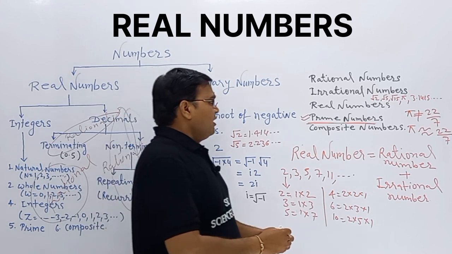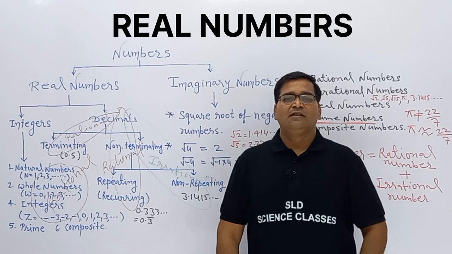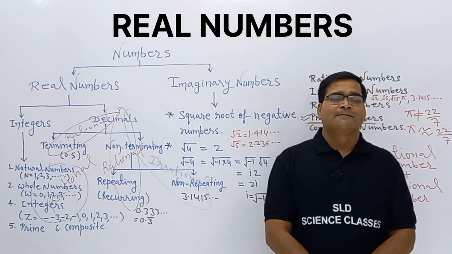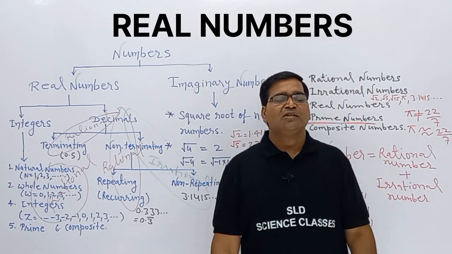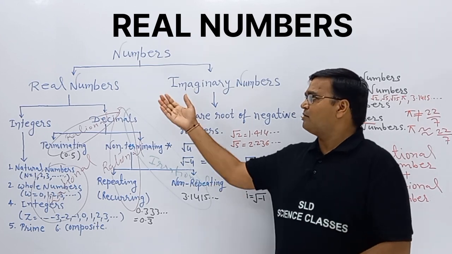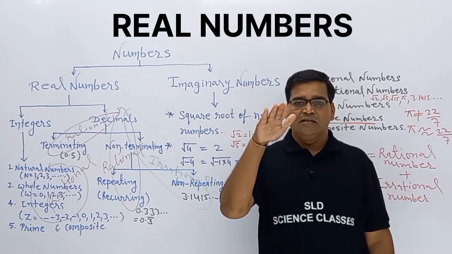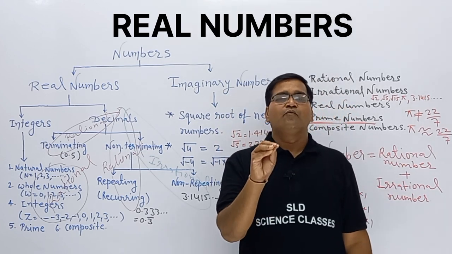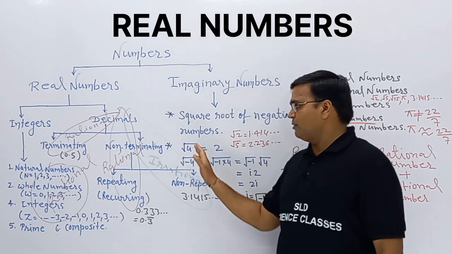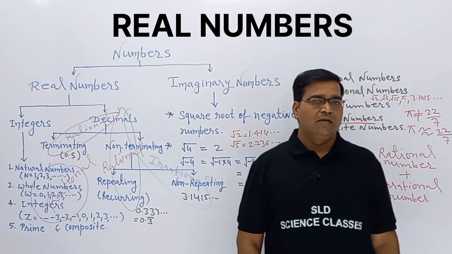So, what we studied in this class, I am just revising. In this class, I started with discussing the various types of numbers. Broadly, numbers are of two types: real numbers and imaginary numbers. Imaginary numbers are the square roots of negative numbers, and are in the form of iota.